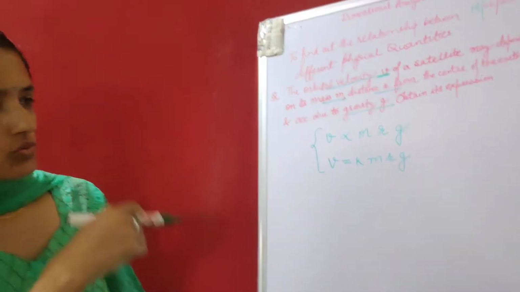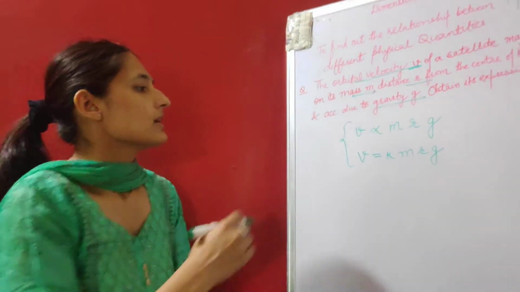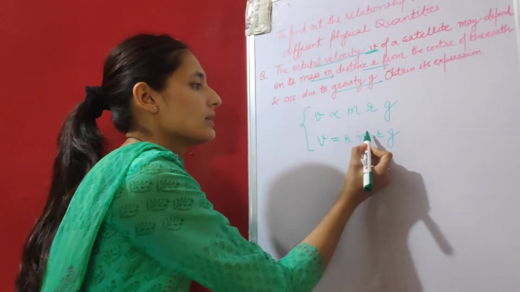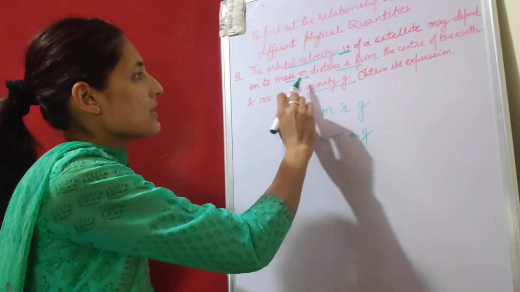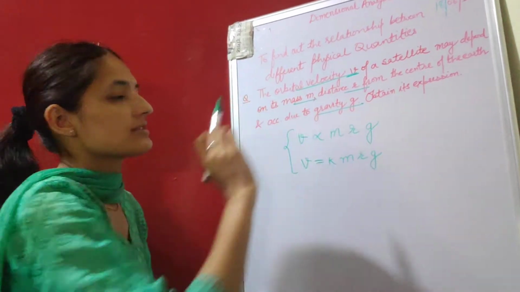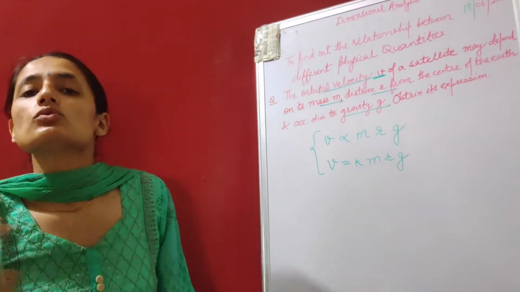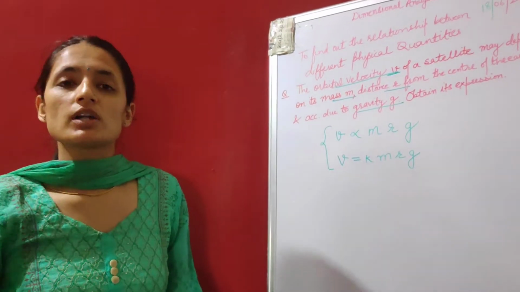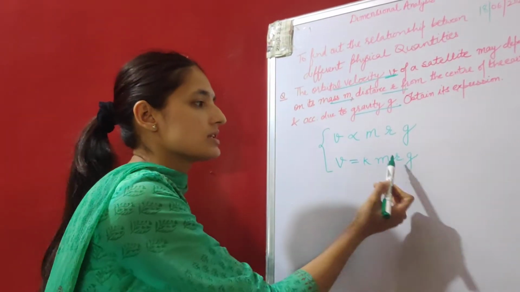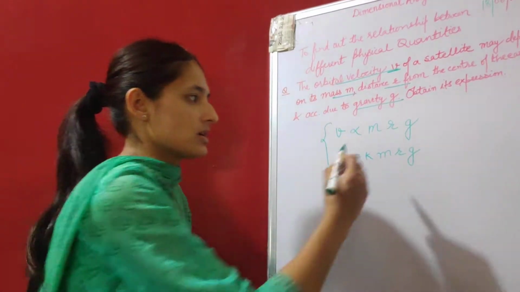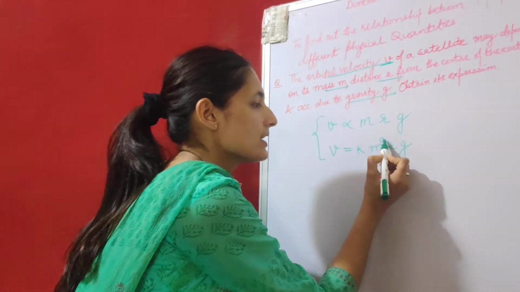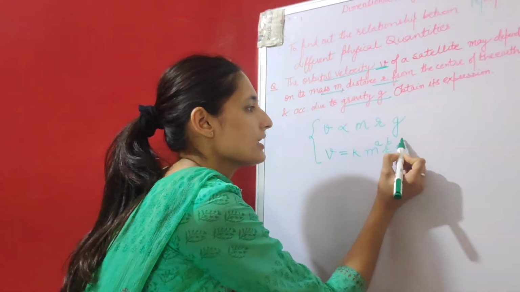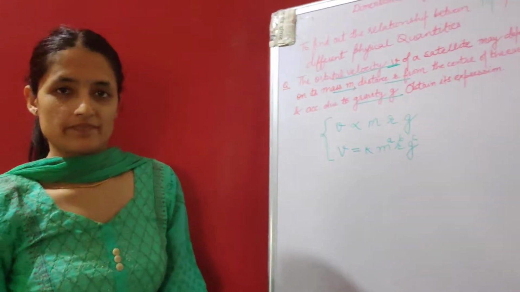Now step 2 or 3, whatever you want to take: these physical quantities are directly mass m, distance r, and acceleration due to gravity g. So we don't know about the powers. With what powers is velocity related to these physical quantities? So you will assume the powers as a, b, c.